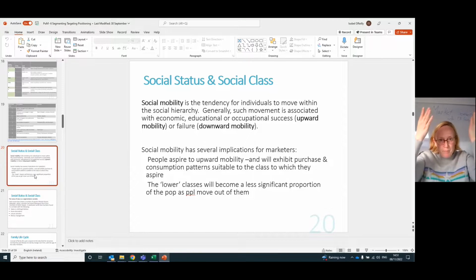So upward mobility, when you get promotions and so on, the next promotion might bring you into a higher level. The money that you're earning, the wealth that you have in terms of maybe, they're talking about the number of millionaires these days because of the price of property and so on.